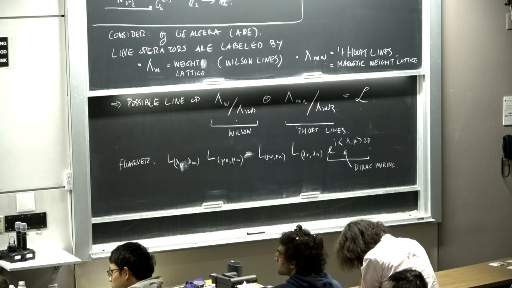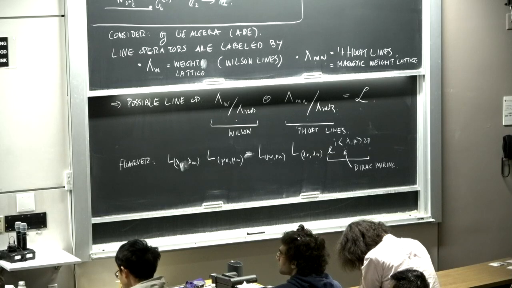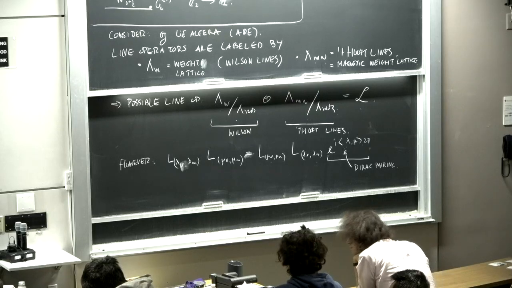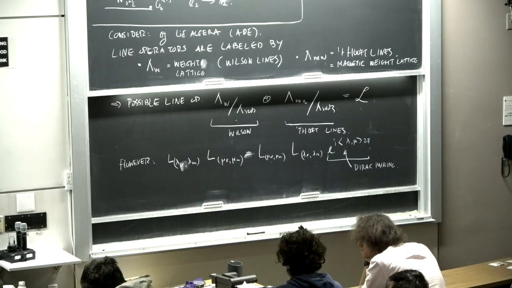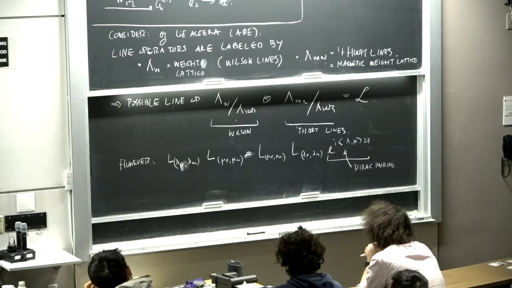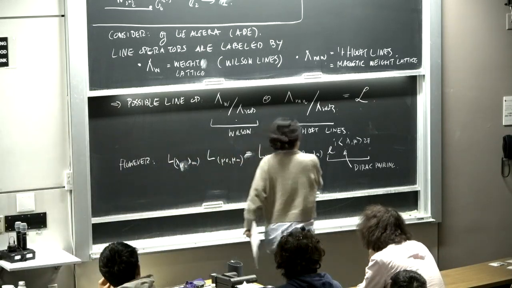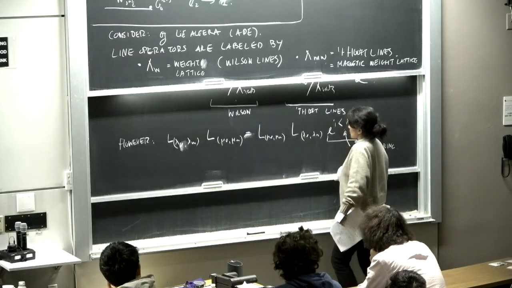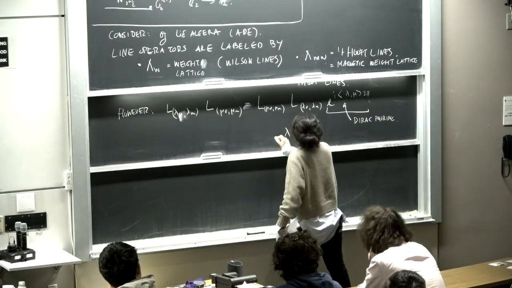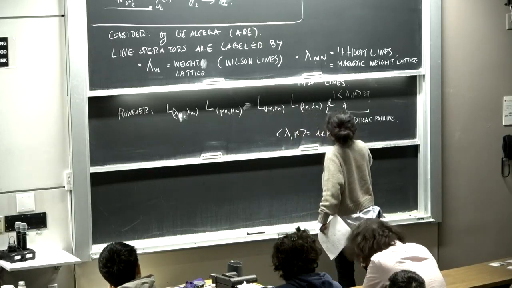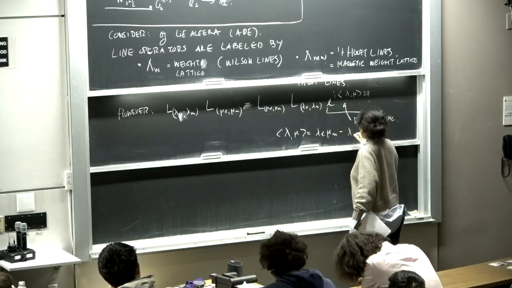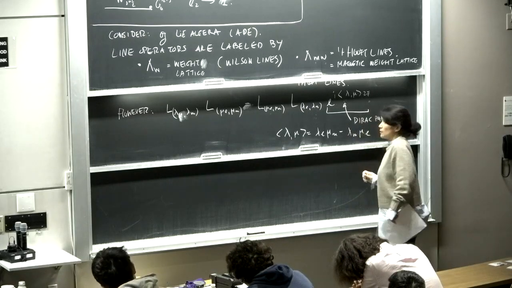It's like if I have an electric and magnetic particle, you have this phase that you pick up, this standard Dirac argument. And so this is exactly the same effect here. And this pairing here is also exactly this pairing between electric and magnetic charges. So this pairing of lambda and mu is just lambda e mu m minus lambda m mu e.